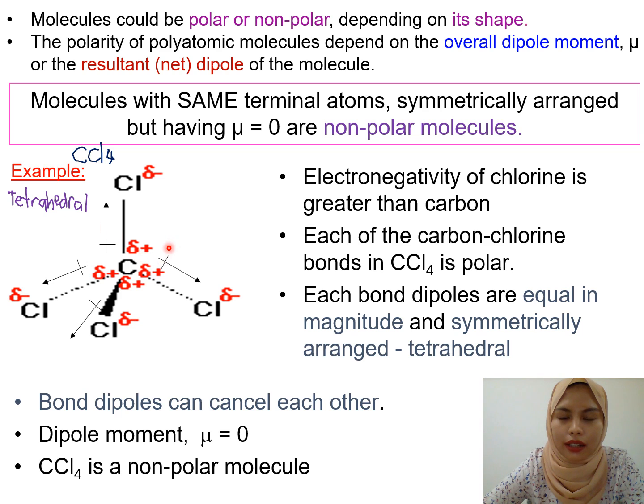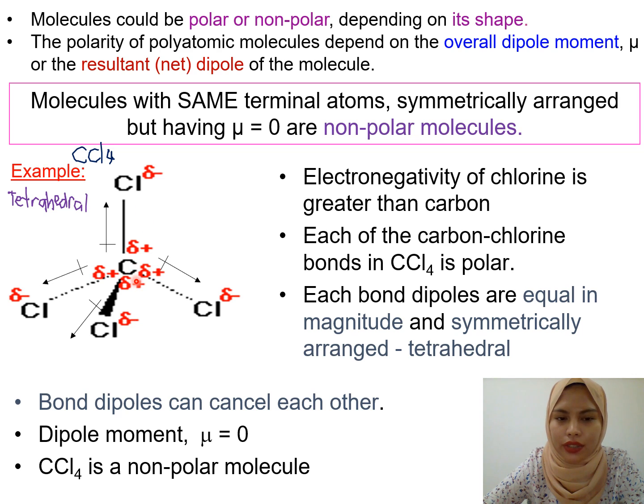Okay, kalau ikutkan tadi dia ada cakap kalau molecules tu dia ada same terminal atoms, kiranya dia punya bond dipole dia boleh cancel out each other. Okay, in this case chlorine is one of the most electronegative atoms.